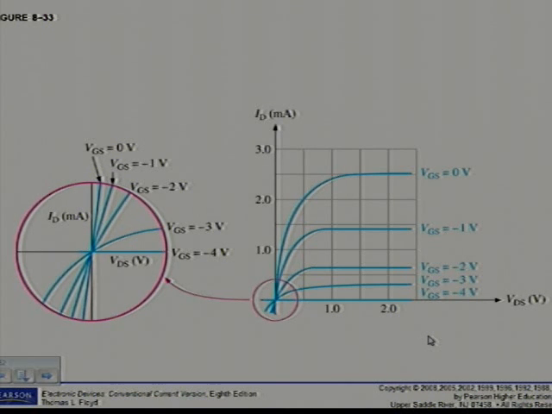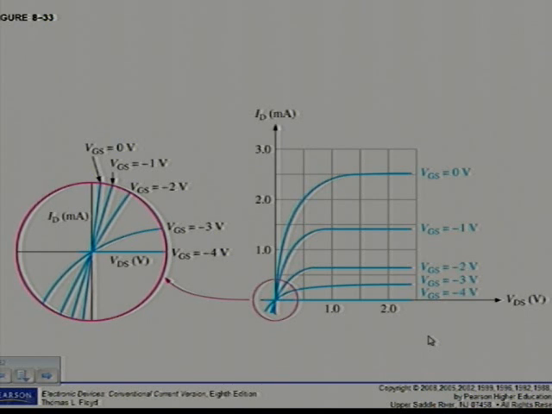On page 379, gm is delta ID divided by delta VGS. Page 379, you can refer back to that. So the key factor when you bias at the origin is the transconductance, of course.